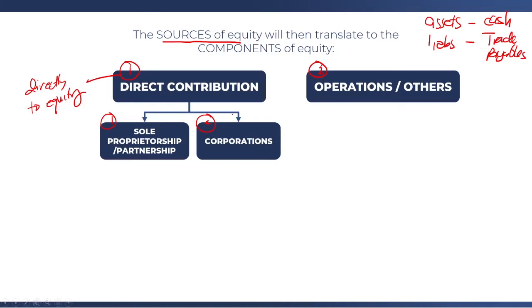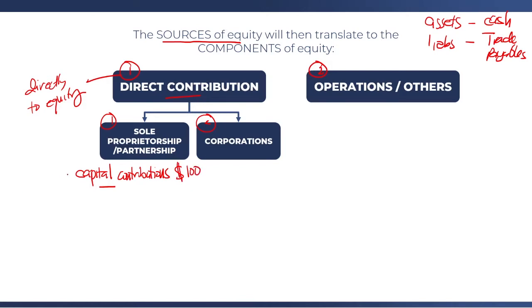For the sole proprietorships and partnerships, components of equity from direct contribution are pretty simple. Most of the time, we only refer to them as capital contributions. In the financial statements, you will see a single line that says capital contributions, showing the amount of contribution by the sole proprietor.